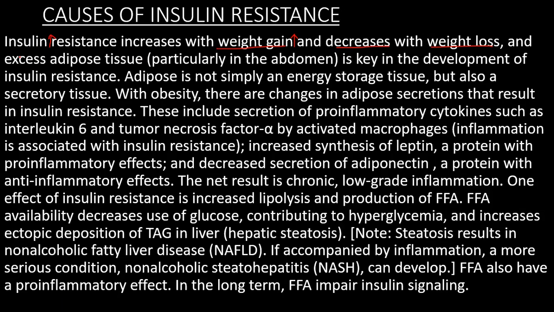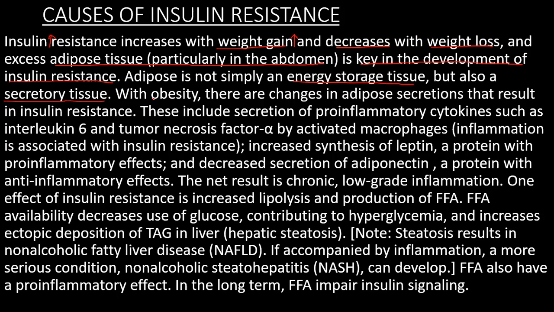Especially adipose tissue, particularly in the abdomen, is key in the development of insulin resistance. So those people who have increased adipose in the abdomen region are at a higher risk of developing insulin resistance. Now, adipose is not only an energy storage tissue, but also a secretory tissue.